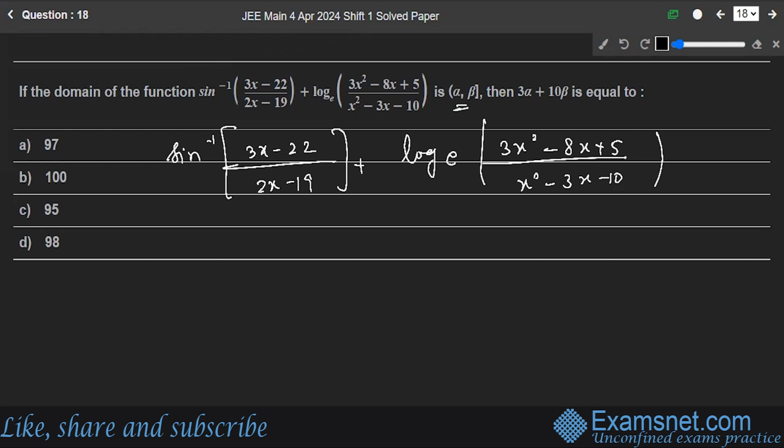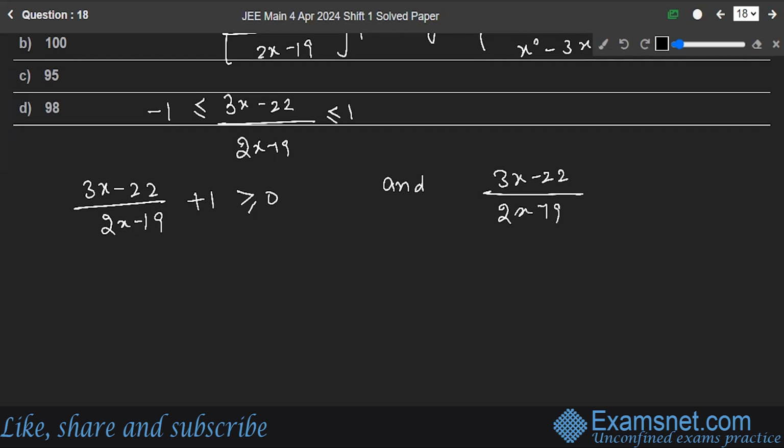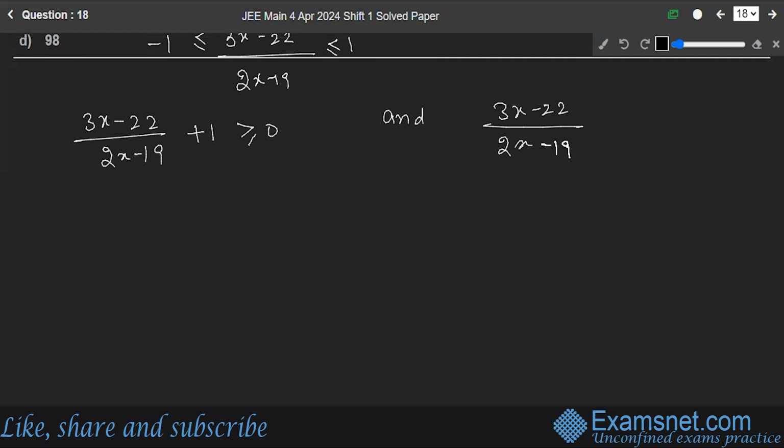So see, sine inverse, you know the sine inverse values always lie between -1 and 1. So that means (3x minus 22) upon (2x minus 19) lies between -1 and 1. This will give you (3x minus 22) upon (2x minus 19) plus 1 is greater than or equal to 0, and (3x minus 22) upon (2x minus 19) minus 1 is less than or equal to 0.